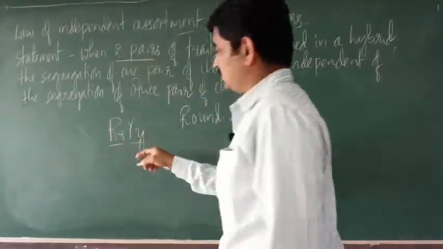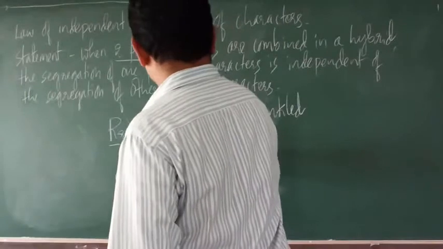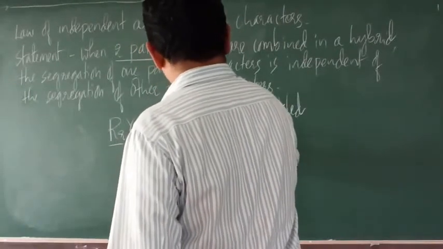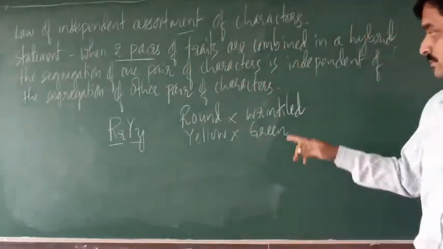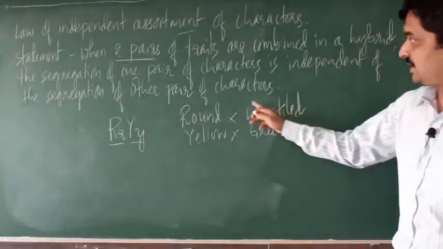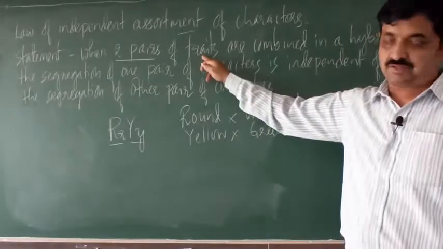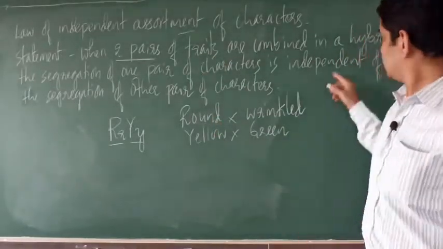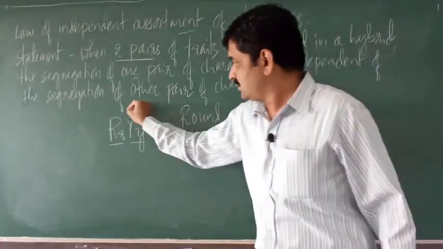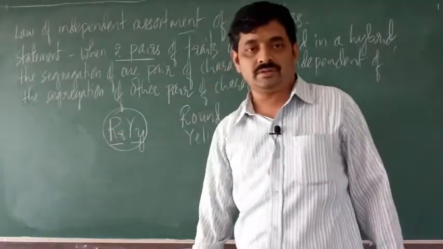The second pair is yellow and green. Right? So these are the two pairs of traits. First pair, second pair. So two pairs of traits are combined in this hybrid.